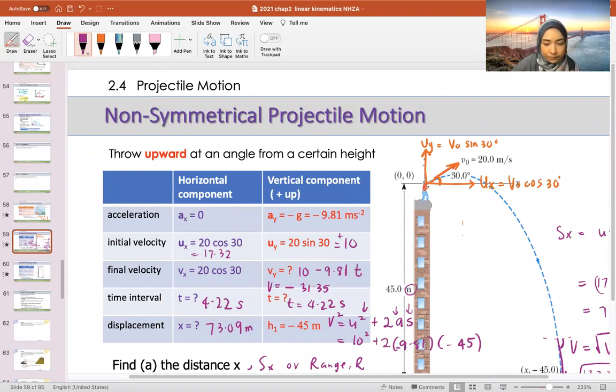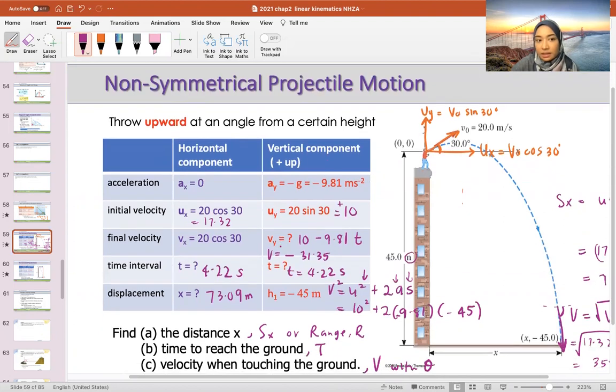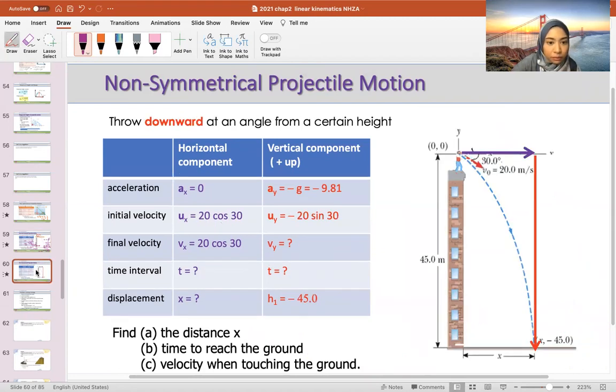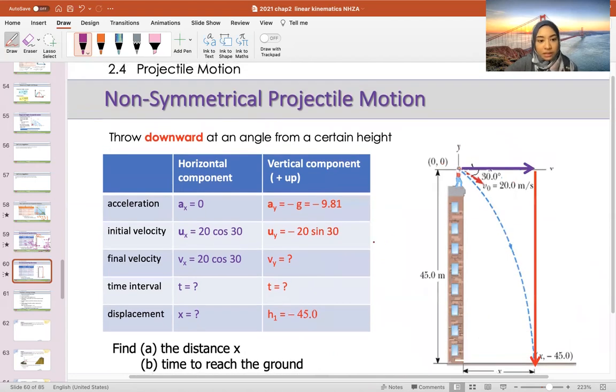It looks easy because we don't need to discuss maximum height. We go straight to find the time to reach the end. So that is why it looks shorter than usual. So I hope no one is confused. Oh, there's one more. Sorry. There's one more before we start with our exercise.